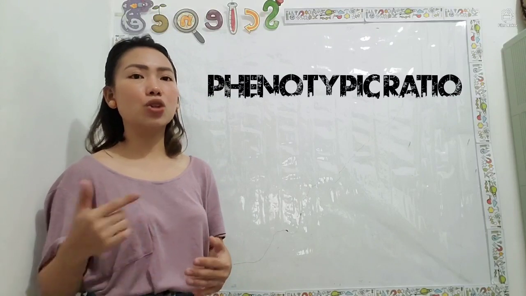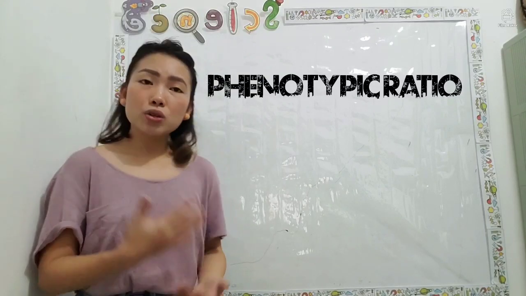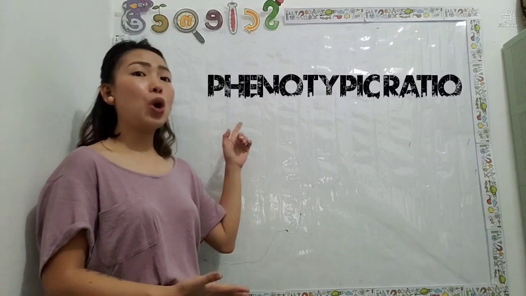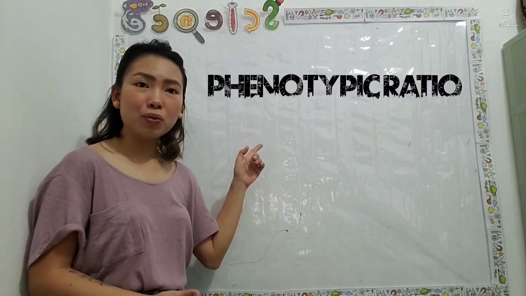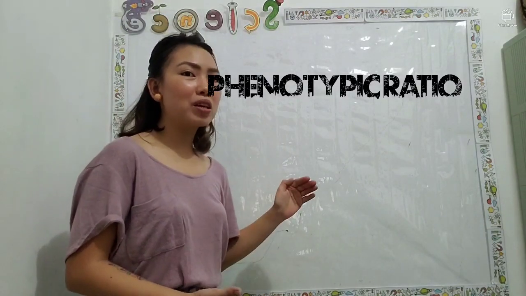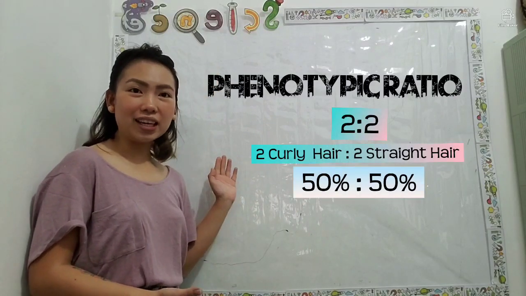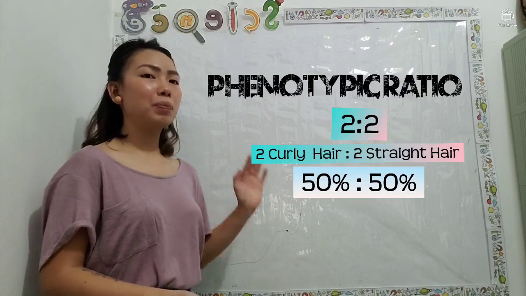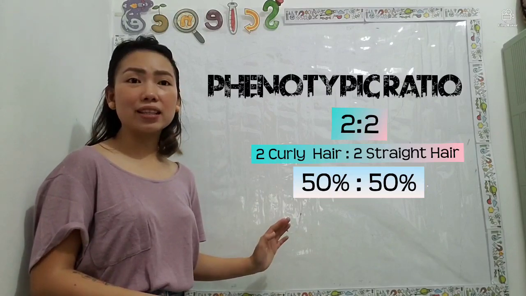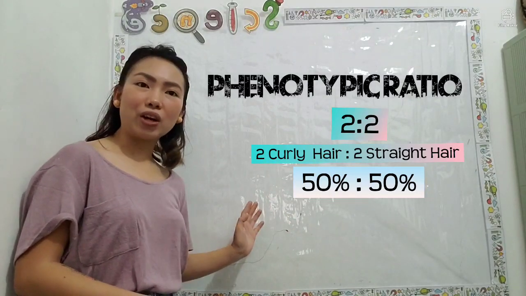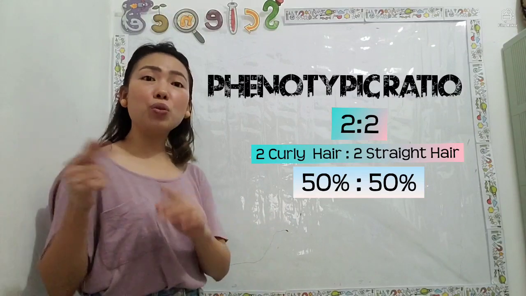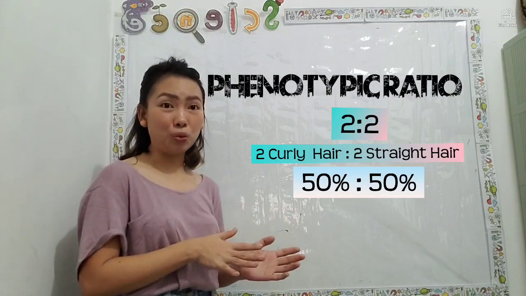Sabi natin kanina, the dominant one is the curly and the recessive is the straight one. So since we have a heterozygous dominant, then we have also 50% curly hair and we also have 50% na straight hair. Or we have the ratio of 2:2.